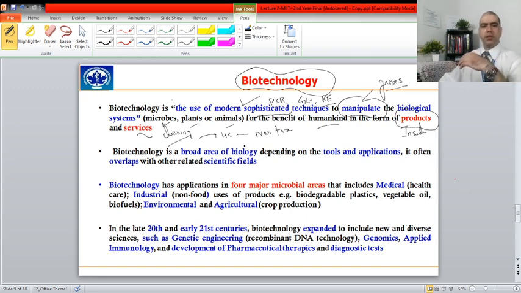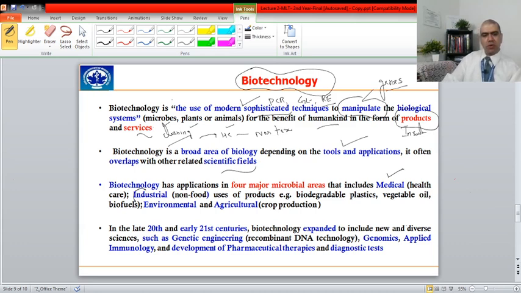Biotechnology is a broad area of biology. It depends on the tool and its applications, so it also combines with or overlaps with other scientific fields. Biotechnology has applications in four major microbial areas, including medical, which I already talked about before, that's healthcare.